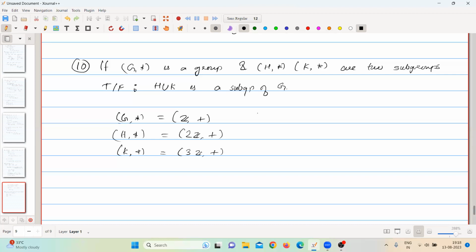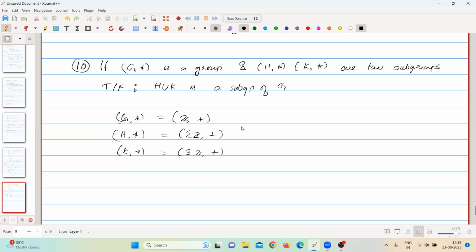So 2Z means the set of all even numbers, the set of all multiples of 2. So it will contain 0, 2, 4, etc. and minus 2, minus 4, etc. And 3Z under addition means the set of all multiples of 3. That is 0, 3, etc. and 0, minus 3, etc. altogether. So here H and K are subgroups of G.